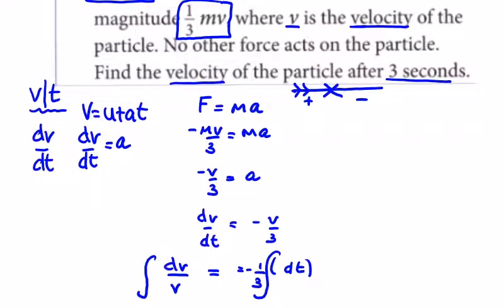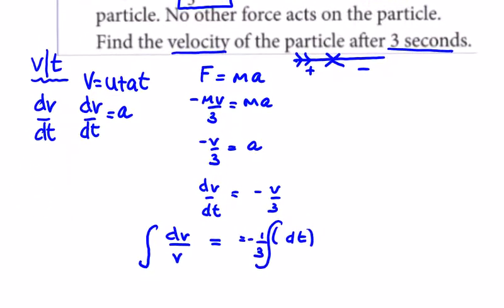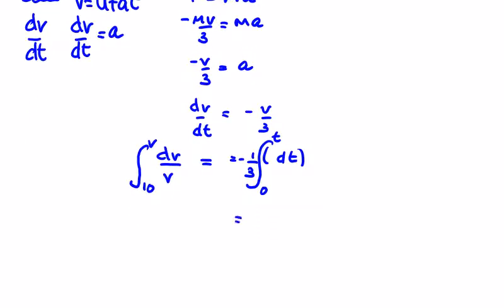now the initial velocity was 10, so that's my initial, and then we're finding velocity at any time. So time starting at 0 and time t. On the right hand side, we're going to get minus a third t between t and 0, equals, on the left hand side, the natural log of v between v and 10.